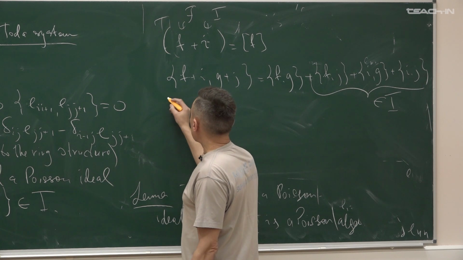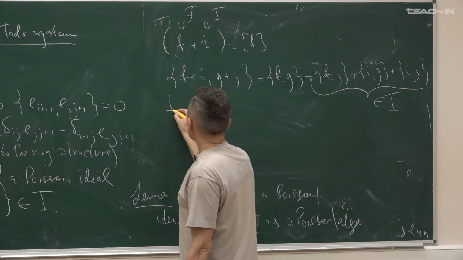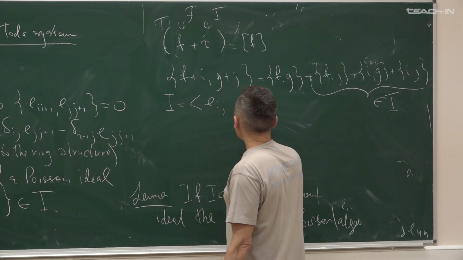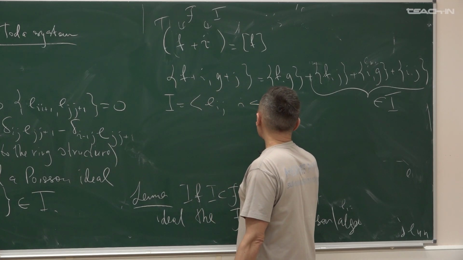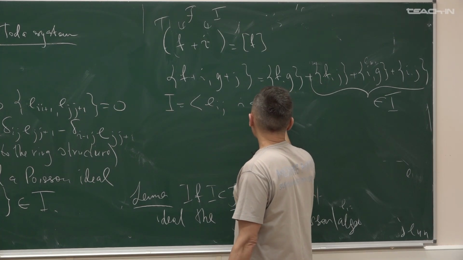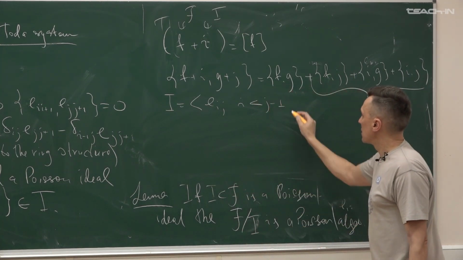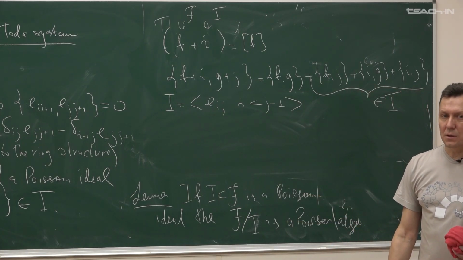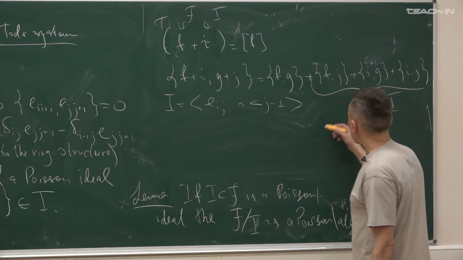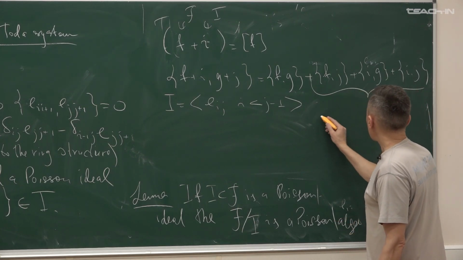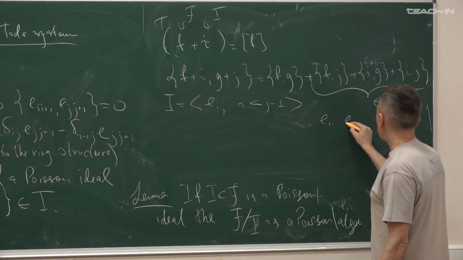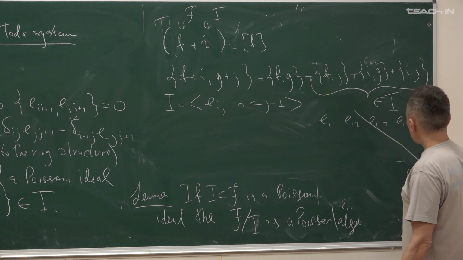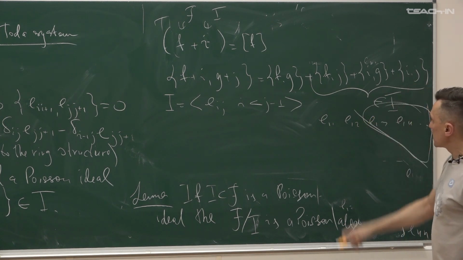In our case, let us consider the ideal generated by E_ij with i less than j minus 1. It means that in our matrix, E_11, E_12, E_13, E_14, etc., we consider all these elements.